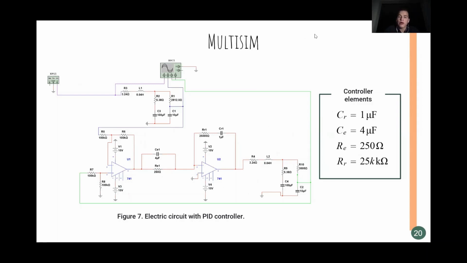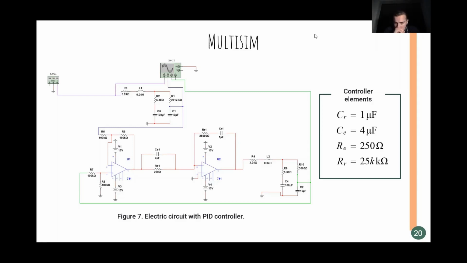Those are the values for our healthy patient. Down on the right, we have the same circuit of the patient, but this one's the sick one. We changed some values in these components. That's why it's the sick one, right? And in between, it's the controller.